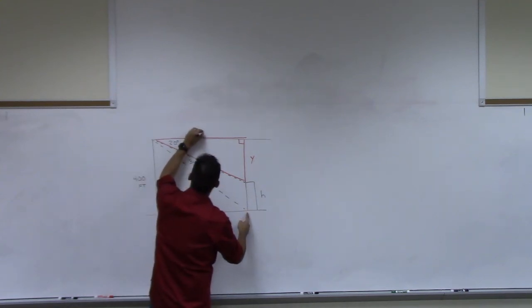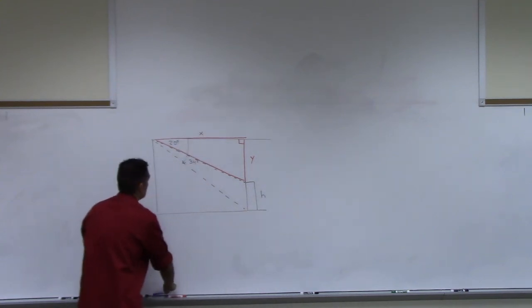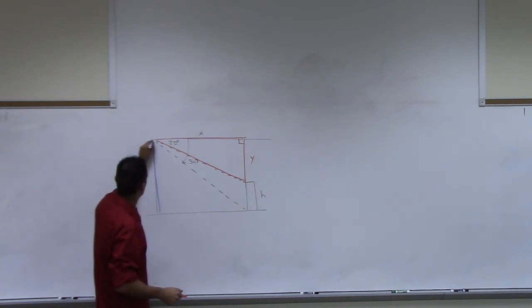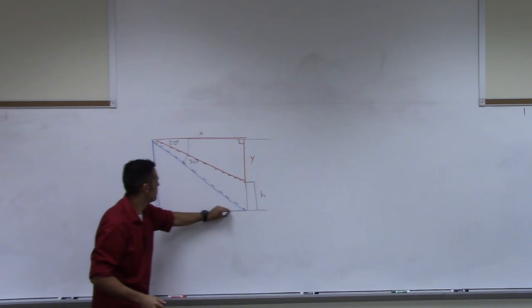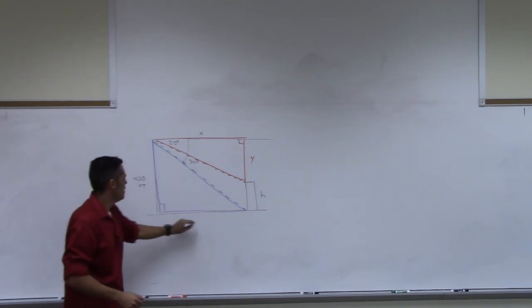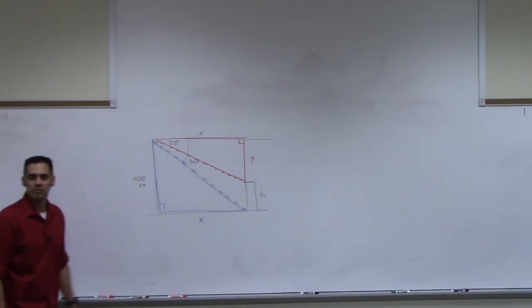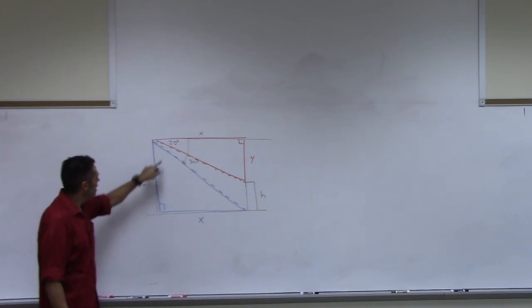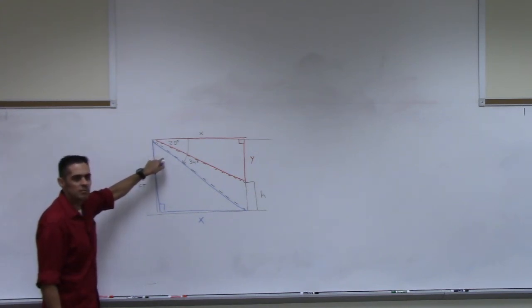So I can call this x right here. And if I look at this triangle, that's x down there. And I know this side is 400. And I know this angle. This angle is 56 degrees.